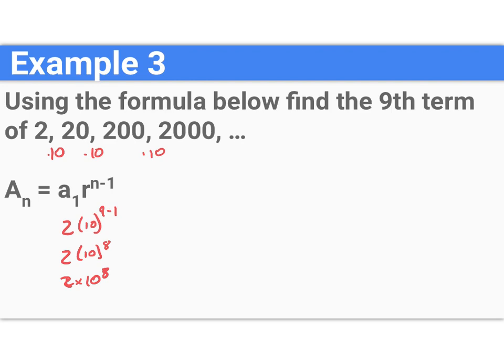So it looks like 200 million. 1, 2, 3, 4, 5, 6, 7. So 8 zeros. I think the calculator goes to 9 or 10 places. Well, we got that.